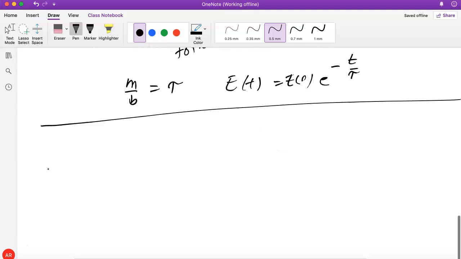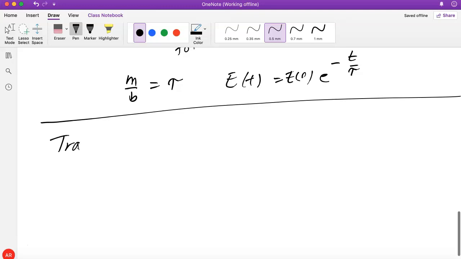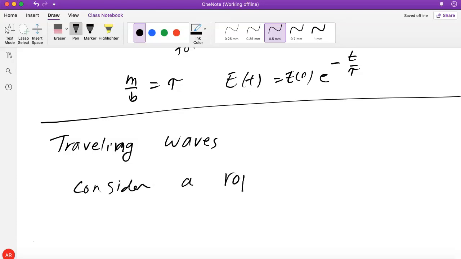So let's say traveling waves. Consider a rope, right?